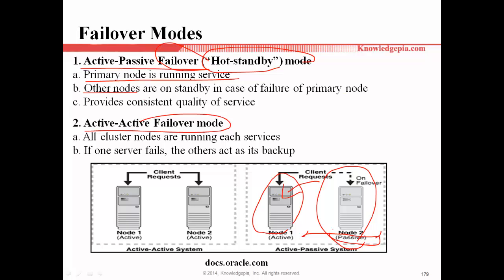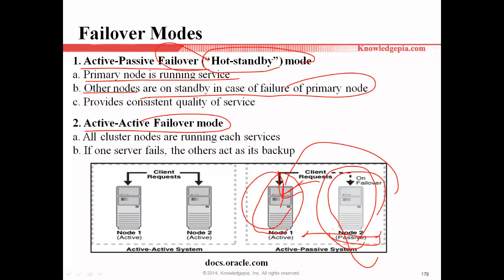The passive node is just standby in case of failure of the primary node. If the primary node fails, then this passive node will change to active mode and provide consistent quality of the service.